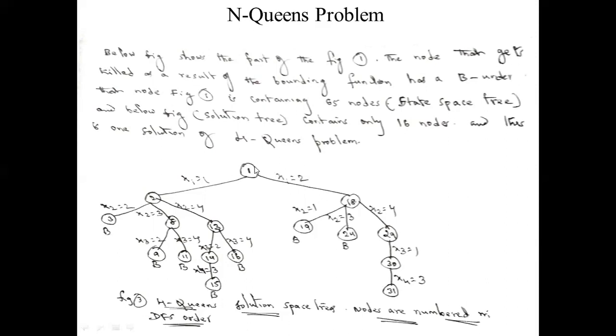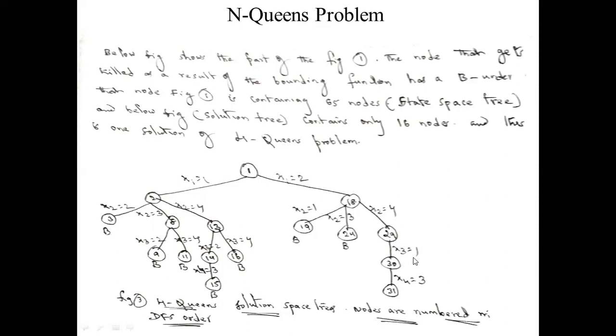We must trace back from the current node, meaning the solution node, up to the root node. This gives the solution path: 1, 18, 29, 30, 31. The solution node is 31, and the solution is that the first queen is placed in the second column and the second queen is placed in the fourth column.